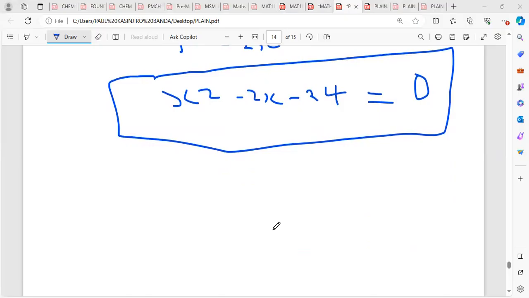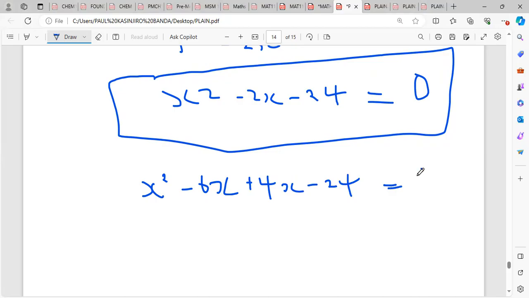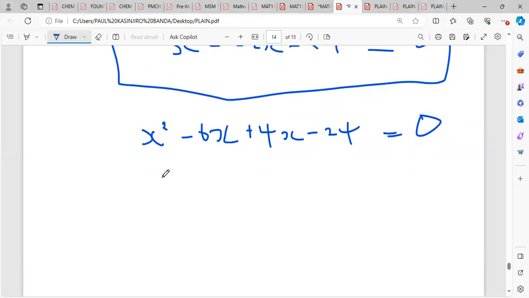You can see the factors like I can, of this equation. So the factors there, I'll just have a minus 6 and a positive 4. So I have x squared minus 6x plus 4x minus 24 equals 0.